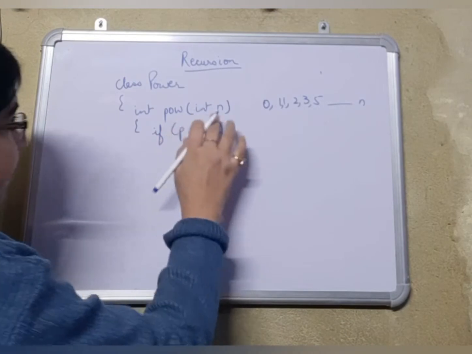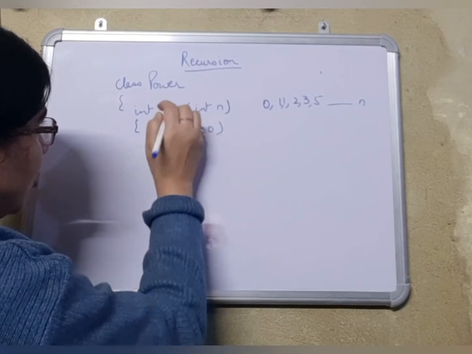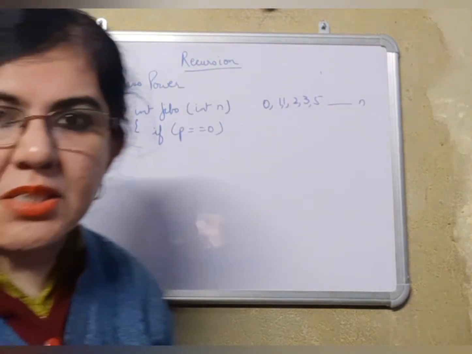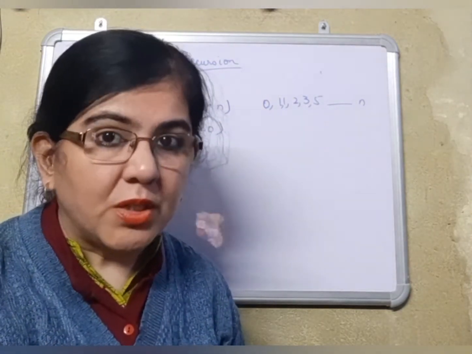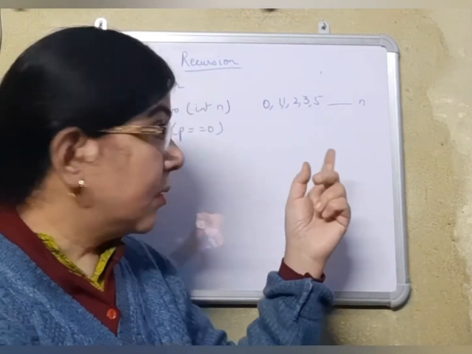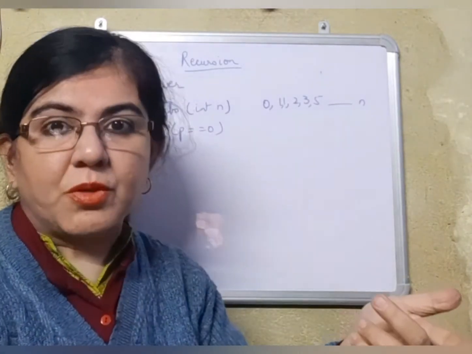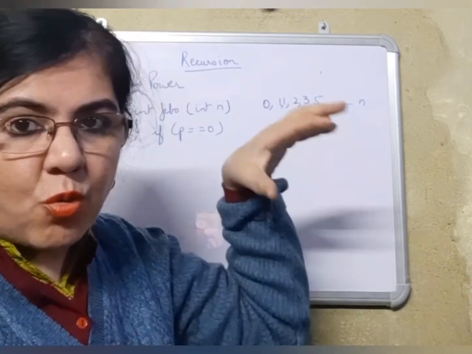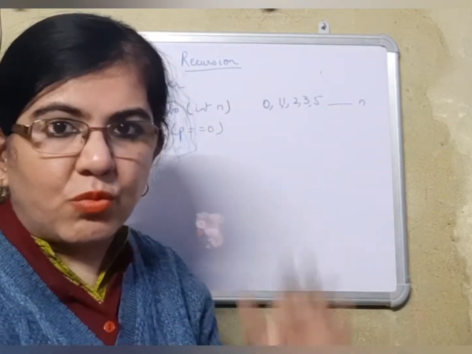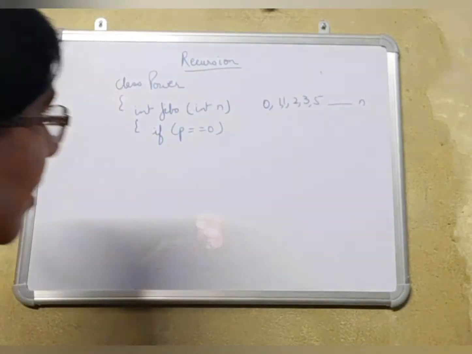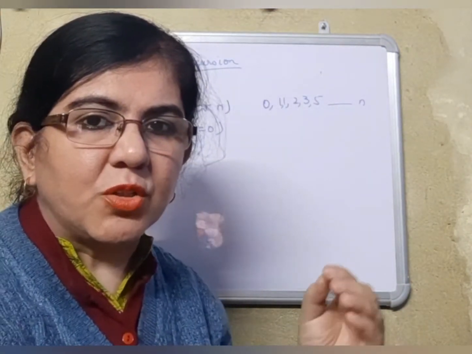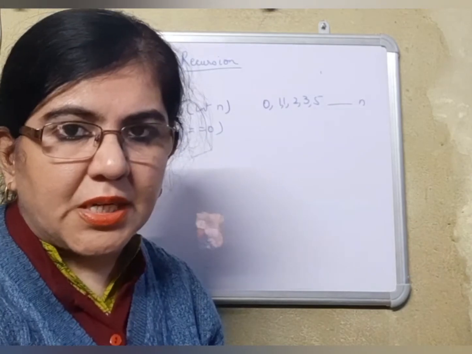So let's see how to make it. We'll be generating one term at a time of the Fibonacci series. Like we can return 0 from the function. We can return 1, then 2. We cannot generate all the series at a time in one go in the function. That can also be done, but that will be a void type of function in which you will be printing inside.